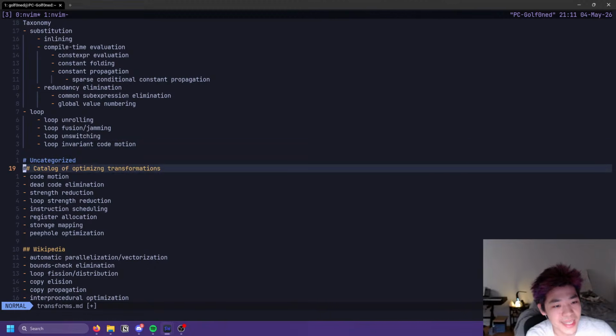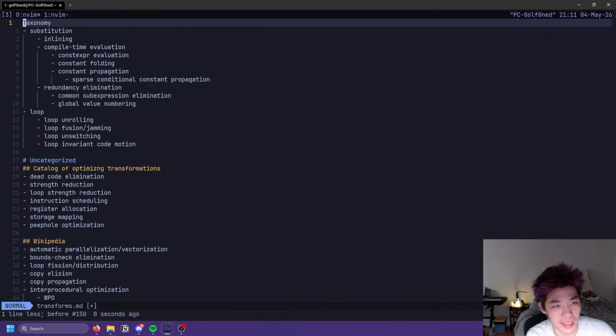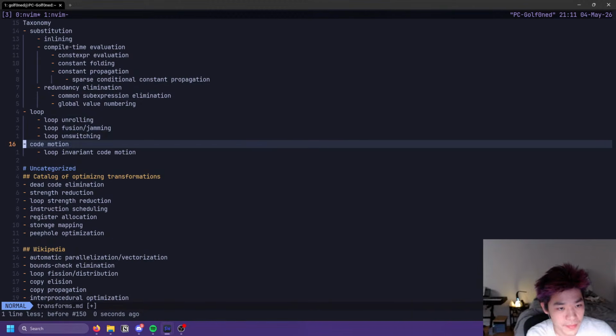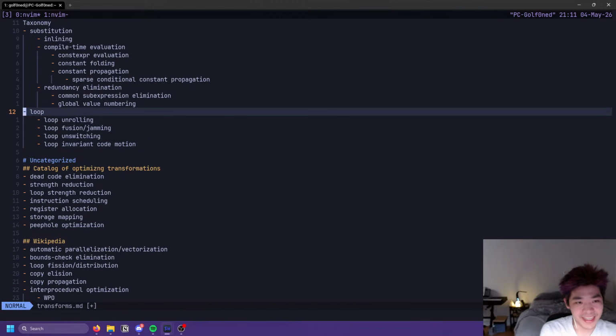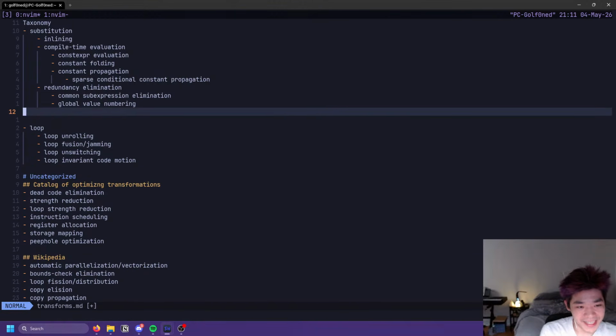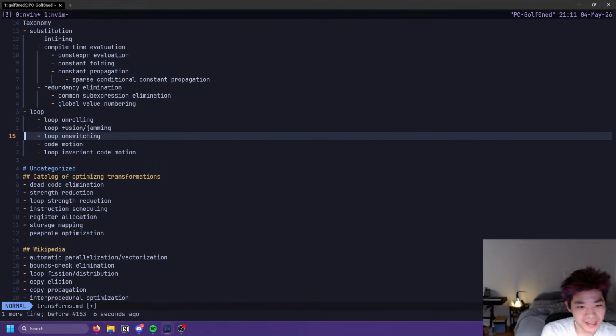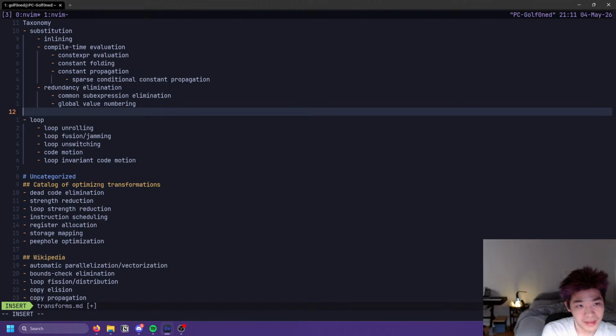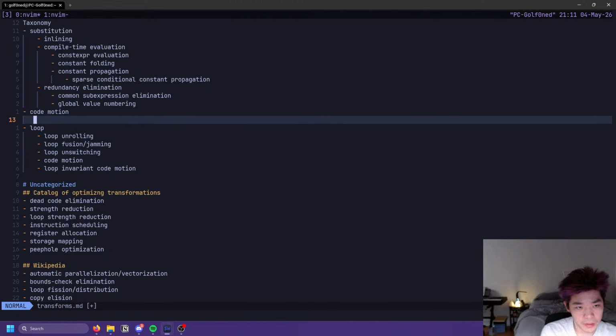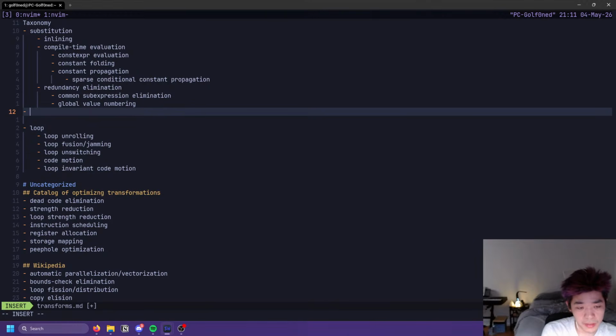Yeah, see, this is why I wanted to move the loop stuff into its own little place. Because it just makes a mess, you know? We could do code motion as its own little group here. Or I guess, what do we even call it?